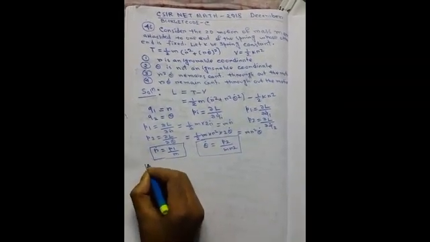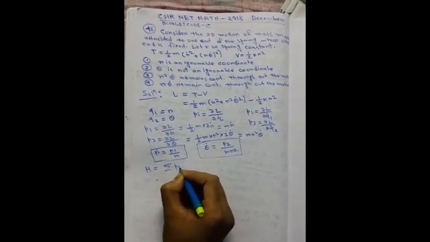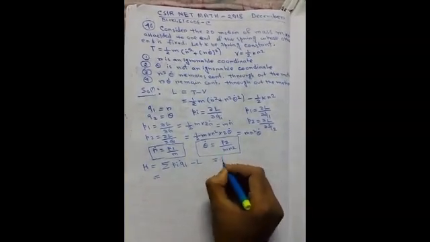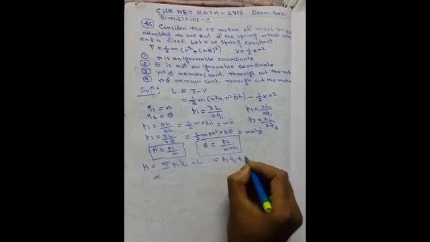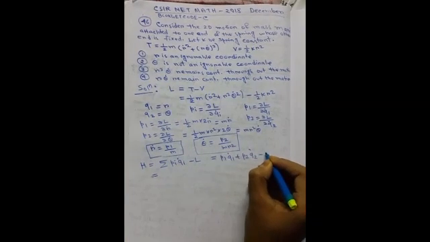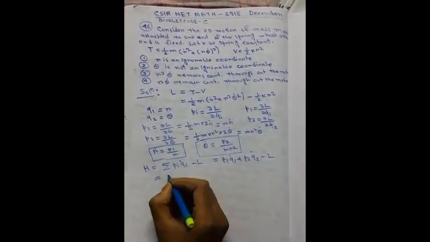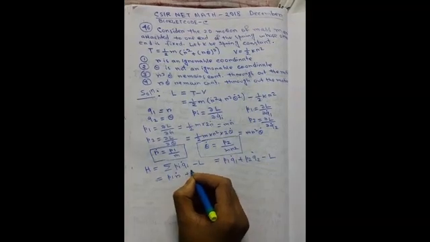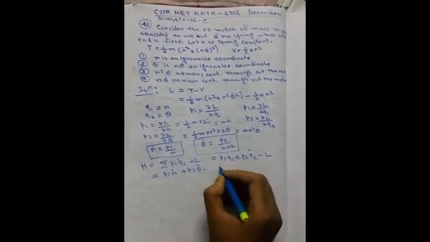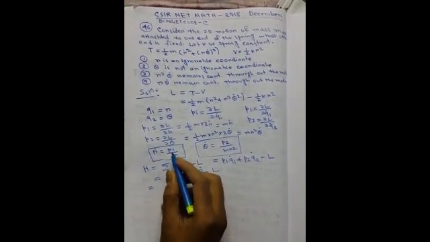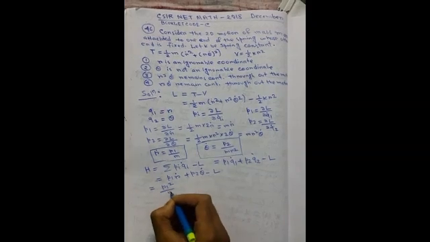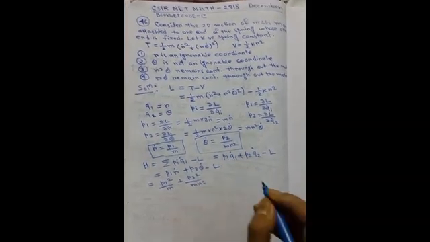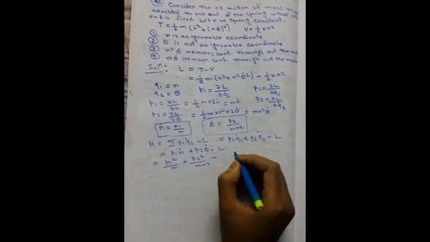Then we know the Hamiltonian H equals the summation of p_i q_i dot minus L. So this equals p1 q1 dot plus p2 q2 dot minus L, which is p1 r dot plus p2 theta dot minus L. Now r dot is p1 by M, so we get p1 squared by M plus p2 squared by M r squared, minus L. What is L?